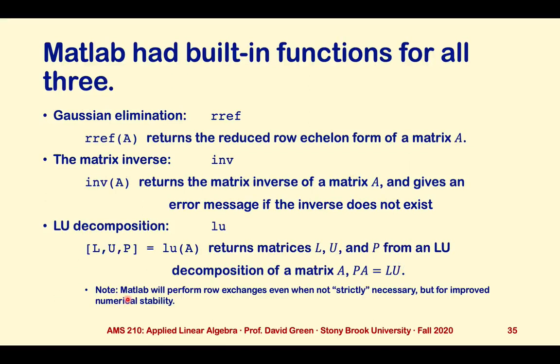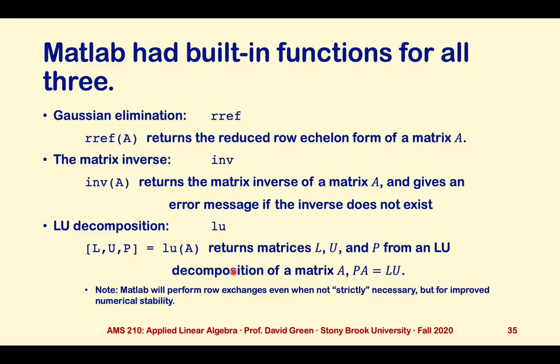One thing that I would like to note here, and I will mention again when we discuss LU decomposition in more detail, is that Matlab's implementation of LU decomposition also applies row exchanges when they are not strictly necessary. When we work through this by hand, we generally only exchange rows when we have a zero in what would be needed as a pivot position.